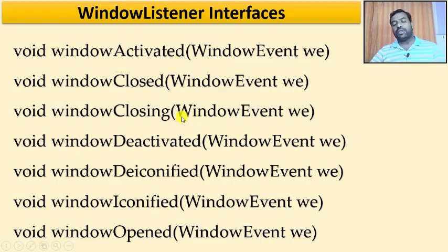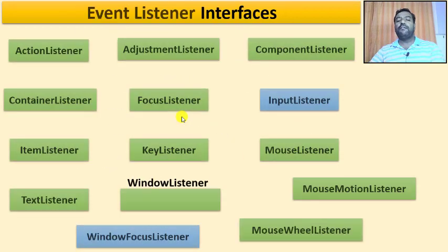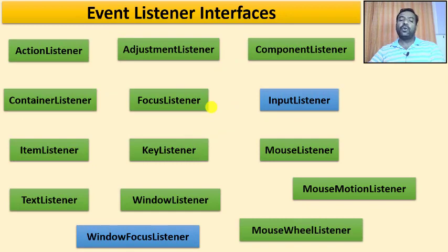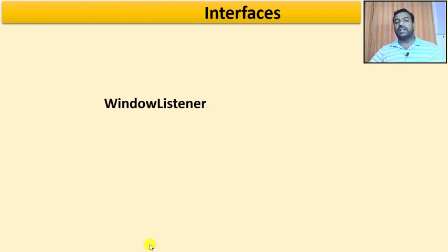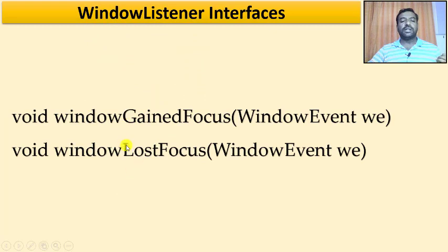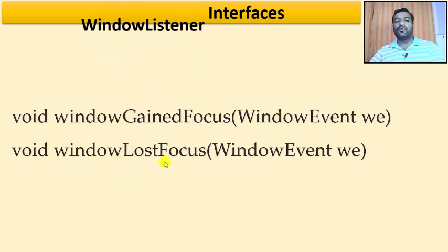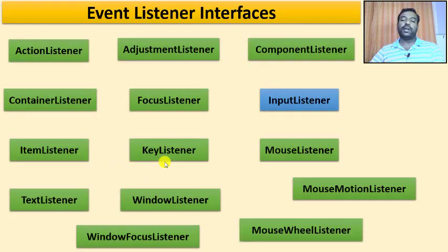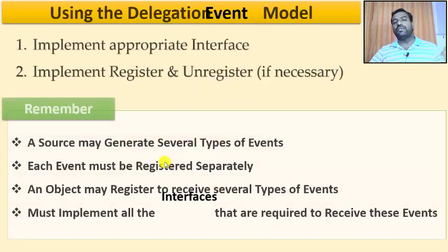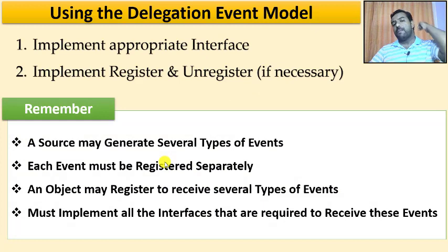We also have one more interface, the window focus listener, with 2 methods, window gained focus and window lost focus. These are the few interfaces you need to understand before you start using the delegation model for implementation. Fine.